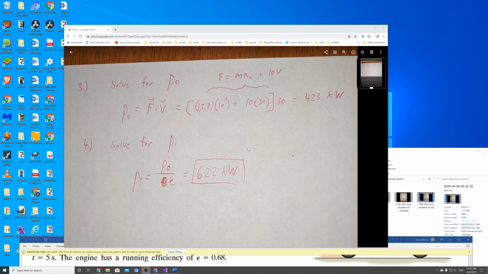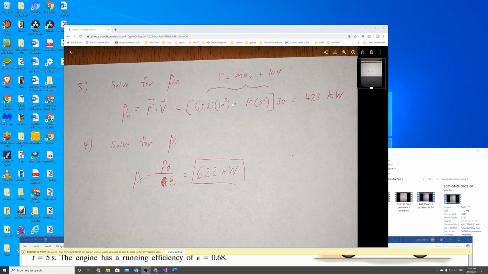Just continuing on, I forgot to write down that force equals ma plus 10v. This was the part we previously found from our equation of motion. We just rearrange it and take 10v from one side and put it on the other side of the equation.